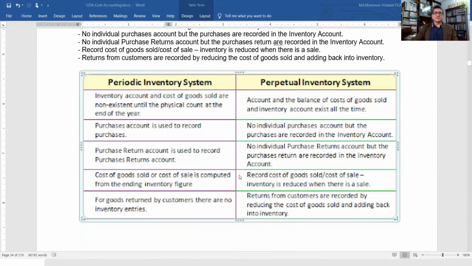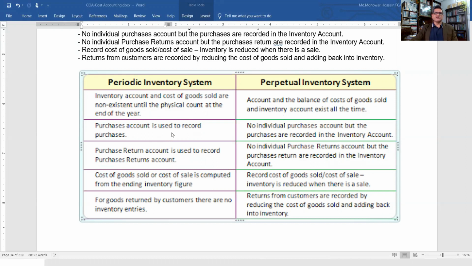So there are some differences between the periodic and perpetual inventory systems. In the periodic system, the inventory account and cost of goods sold do not exist until the physical count at the end of the year. But in the perpetual inventory system, the inventory account and cost of goods sold balances exist all the time.